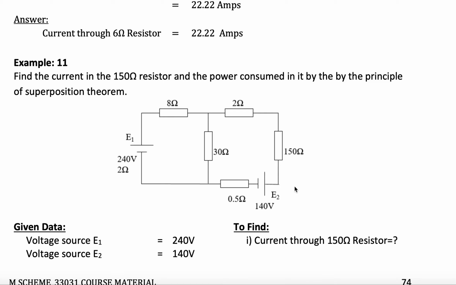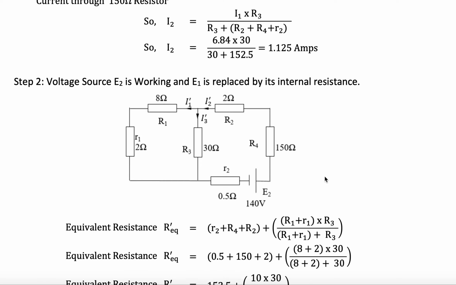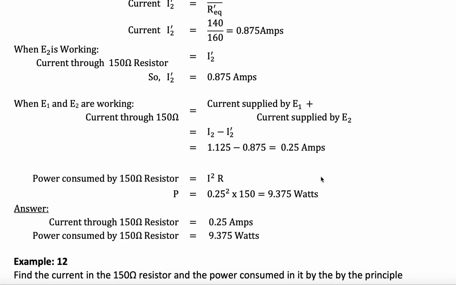Find the current through the 150 ohm resistor and the power consumed in it by the principle of superposition theorem. Once you know the current, I square into 150 is the power consumed. This is also a similar problem, I can skip. The only difference is here you are finding the current where the battery is present, but the process is the same.